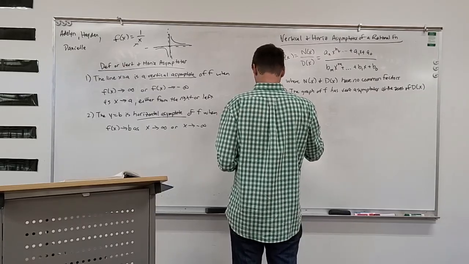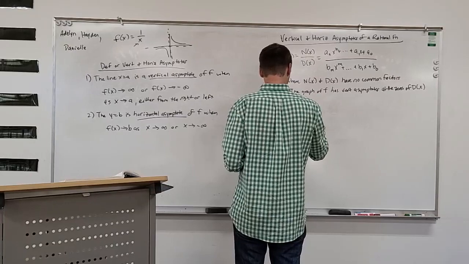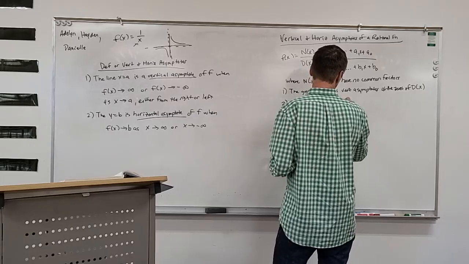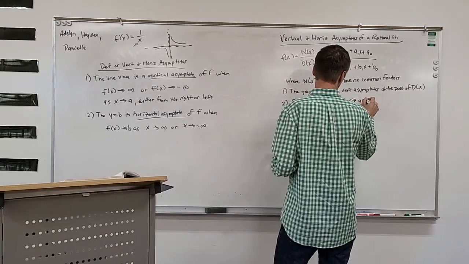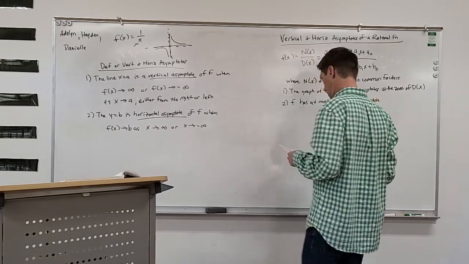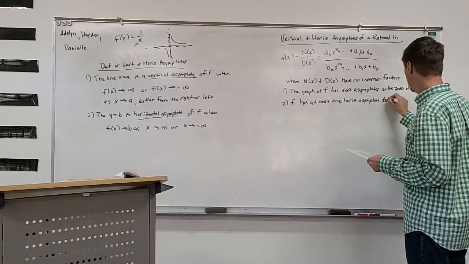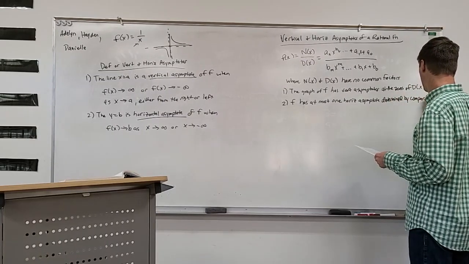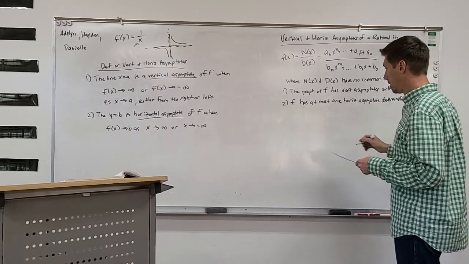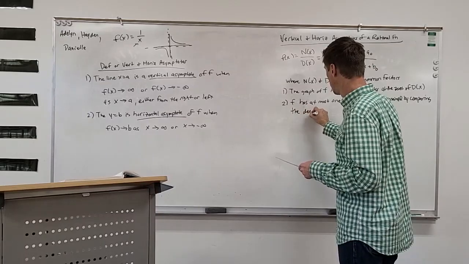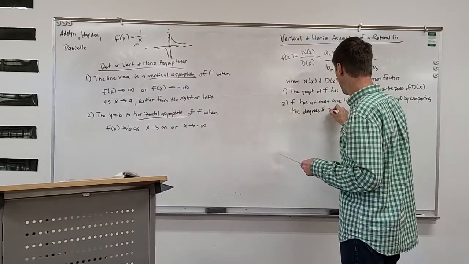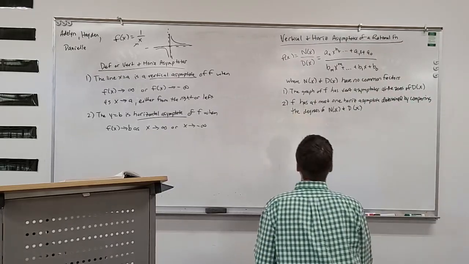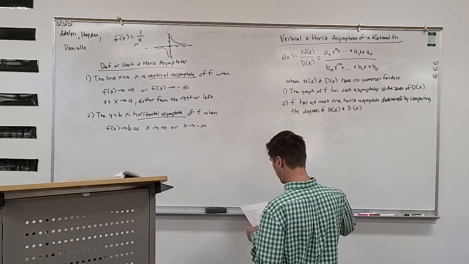And then for the horizontal asymptotes, they're a little more complicated. f has, at most, one horizontal asymptote determined by comparing the degrees of n of x and d of x, so the numerator and the denominator polynomial functions.